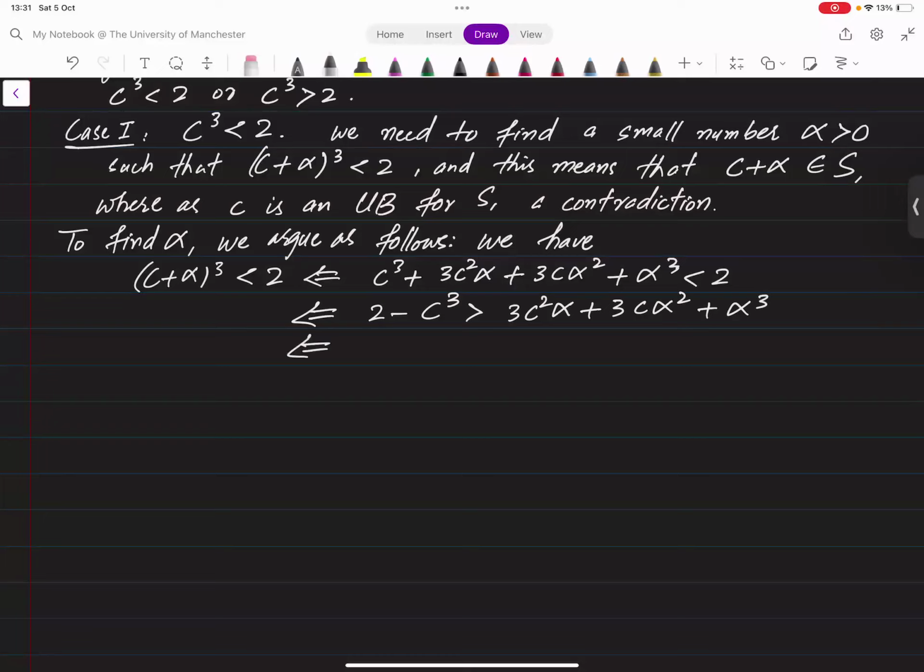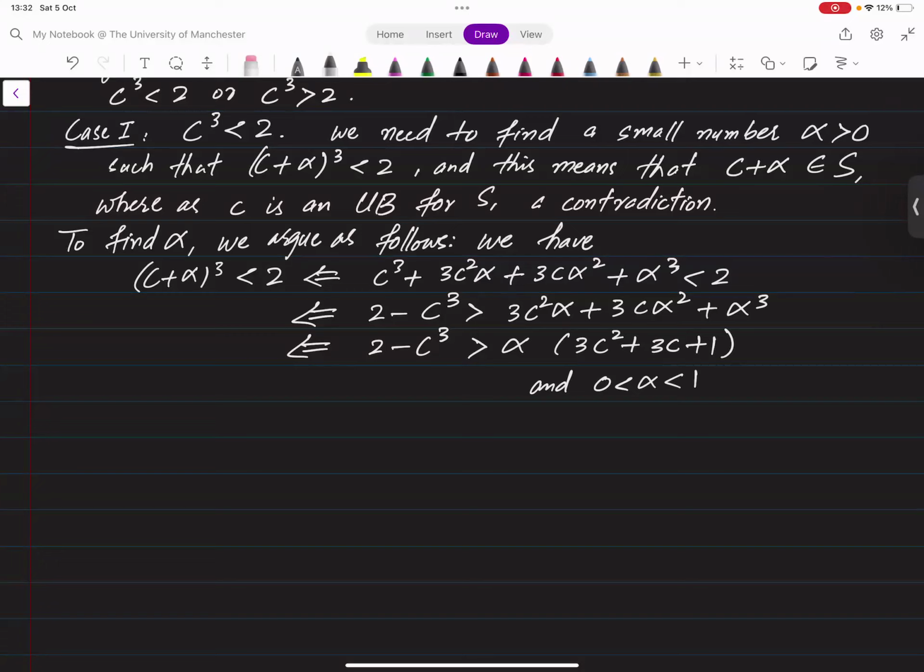And this is also implied by 2 minus c cube is greater than alpha times (3c square plus 3c plus 1), and 0 is less than alpha is less than 1.